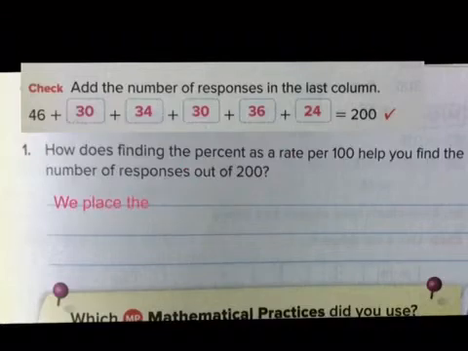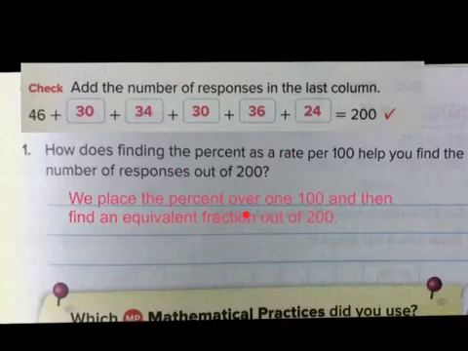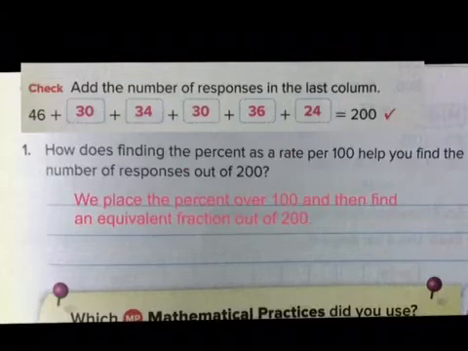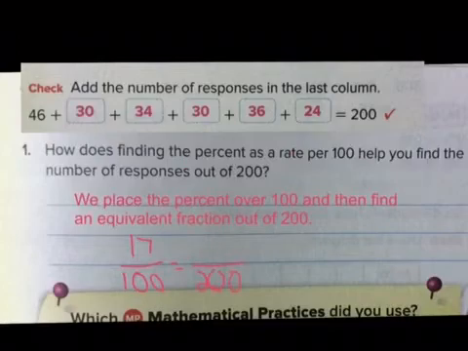We place the percent over 100, and then find an equivalent fraction out of 200. So what I mean by that is that we take any percent. Let's say 17%. We put it over 100, and then we find an equivalent fraction that is over 200, and that'll help us. We just have to create an equivalent fraction. That's what I meant by that.